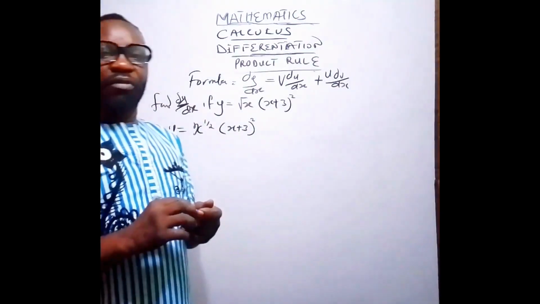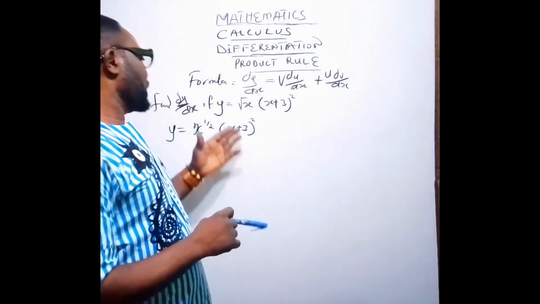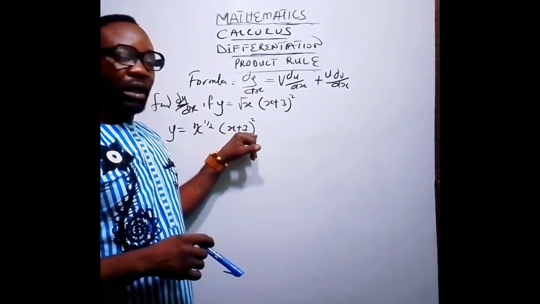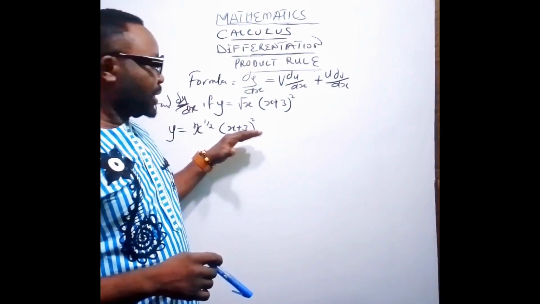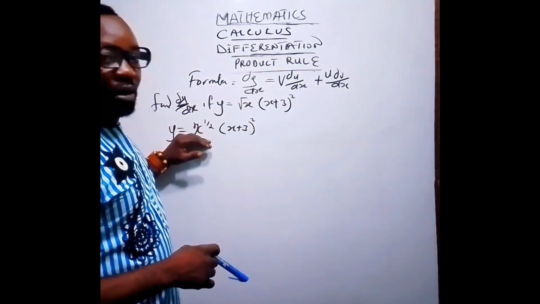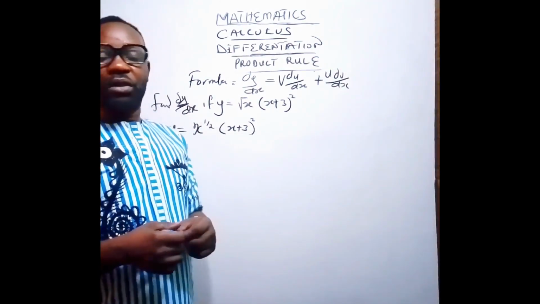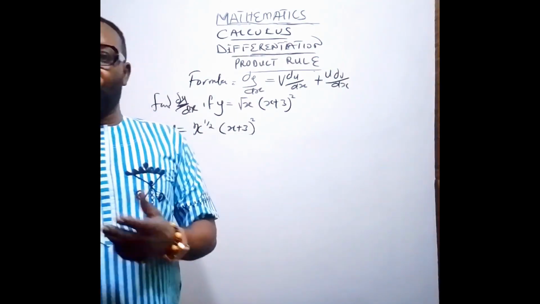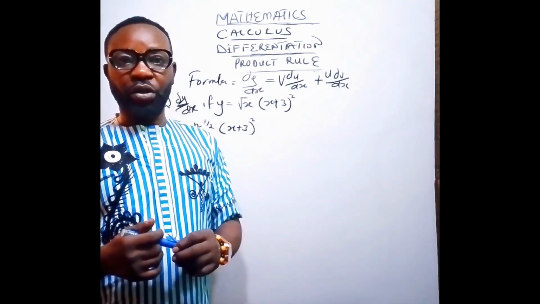Now, if you are to simplify this question, you agree with me that you need to first expand this value, and after the expansion, start multiplying each term by the other. It's not going to be a good approach when you are trying to answer a differentiation question.